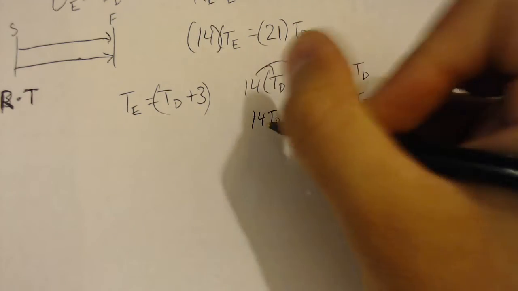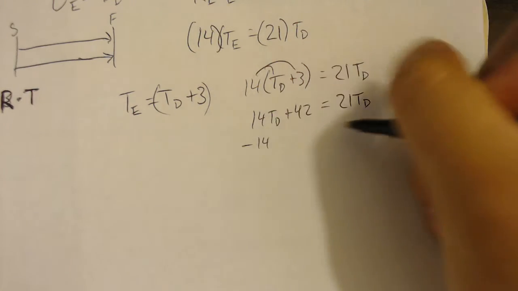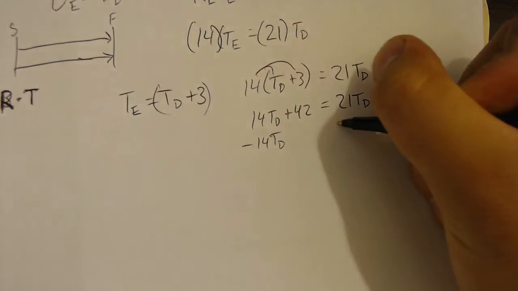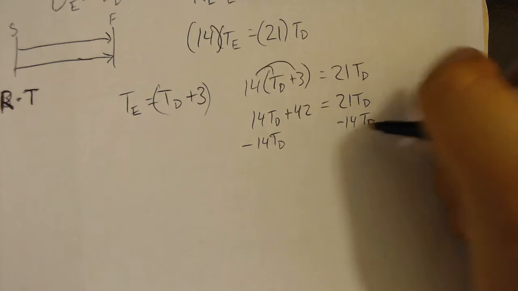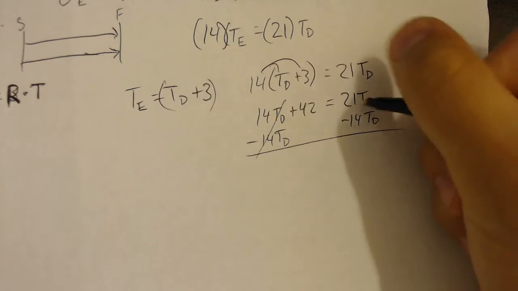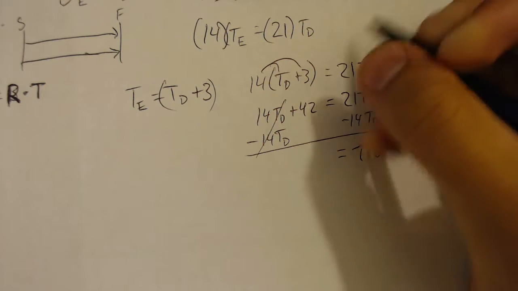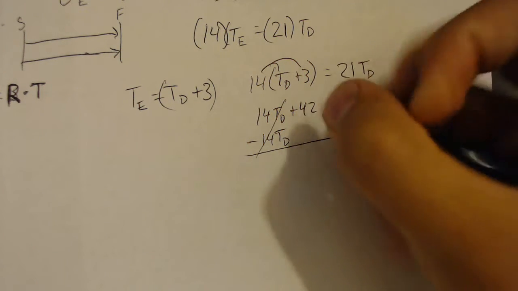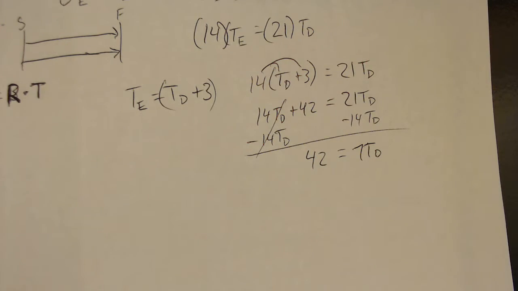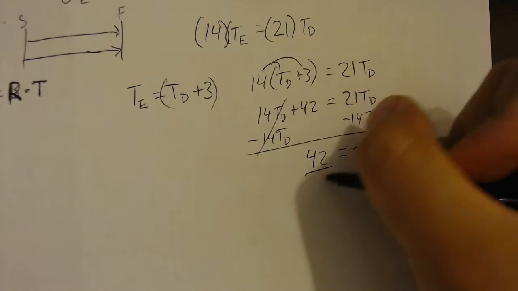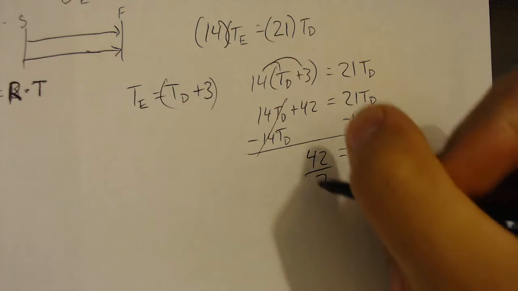So from here, I'm going to move all the unknowns to the same side, subtract 14 T sub D. Those cancel. That becomes 7 T sub D. And we've got 42 equals 7 T sub D. Divide by 7. And 7 goes into 42 6 times.